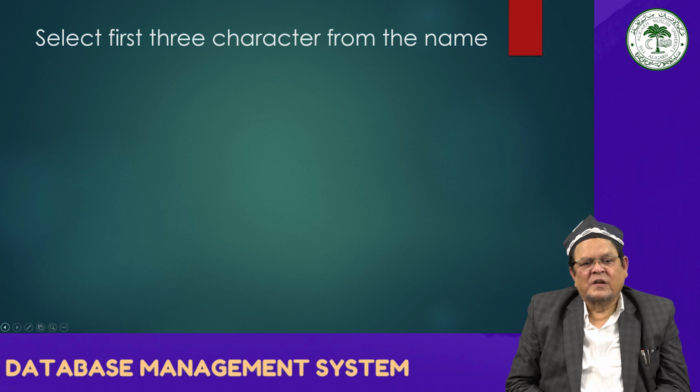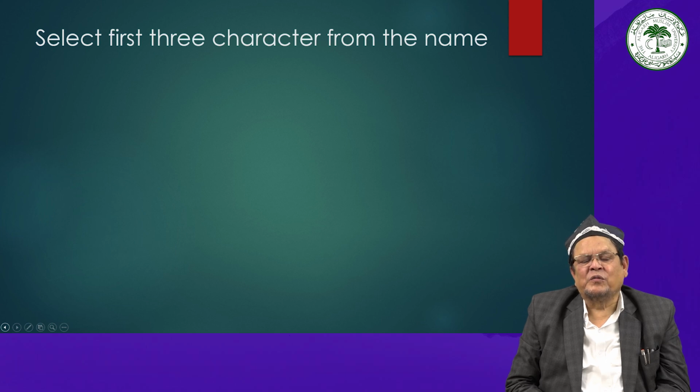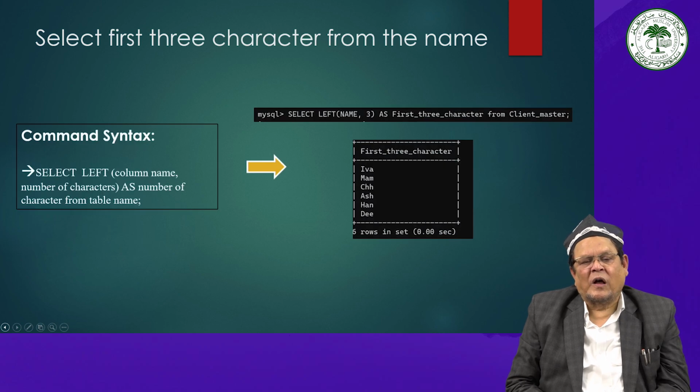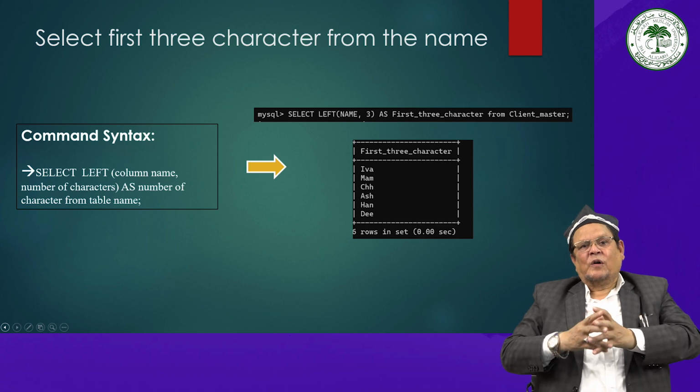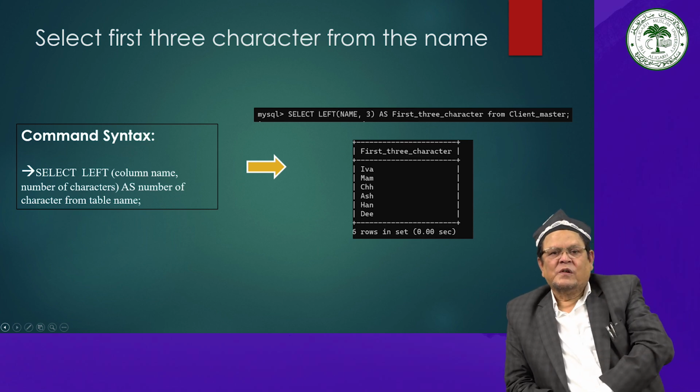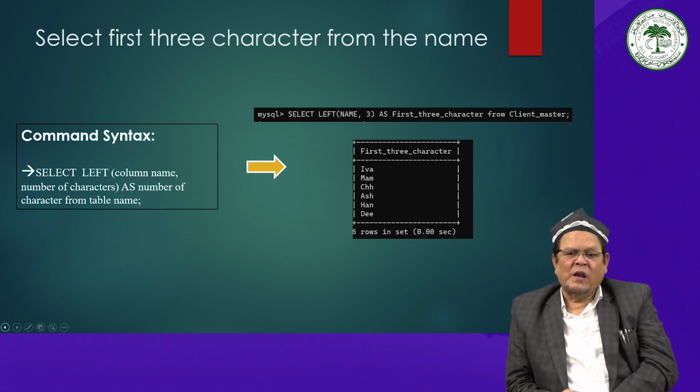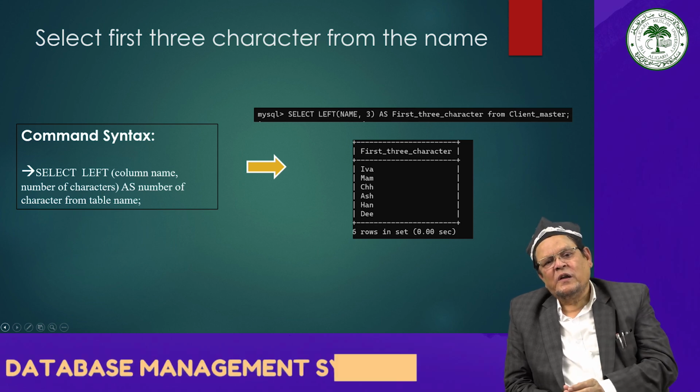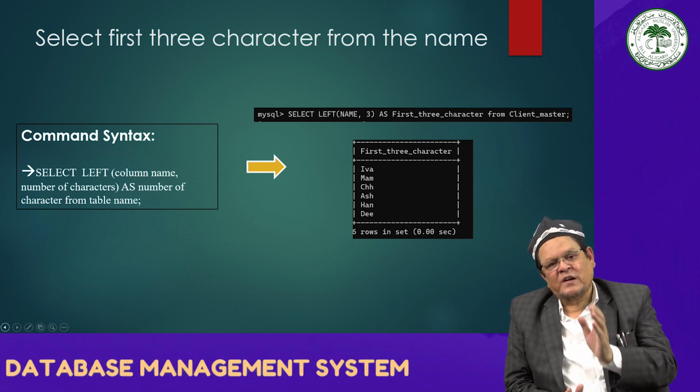Next is select the first 3 characters from the name. Suppose you want to see 3 characters from the name. The command is also available. This is also a very good command in SQL. Depending on the requirement, you can truncate the string.